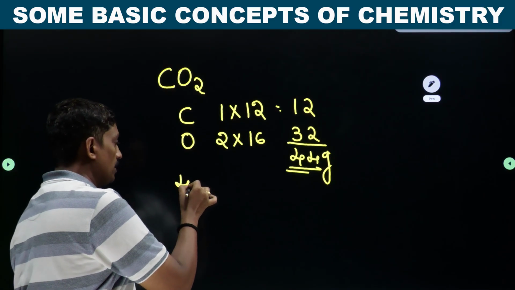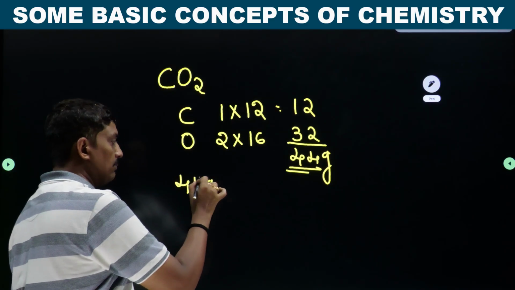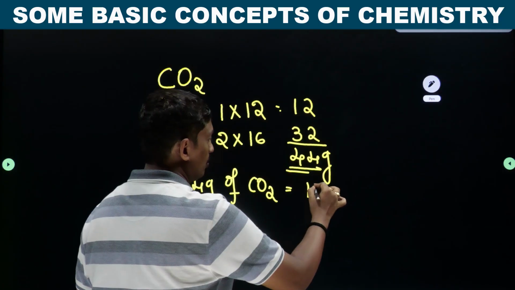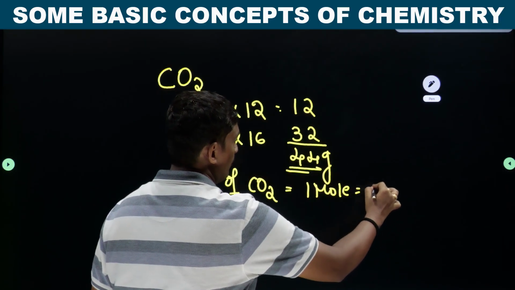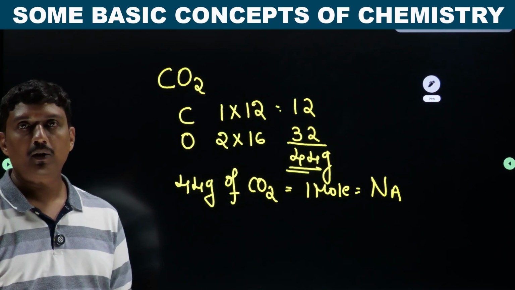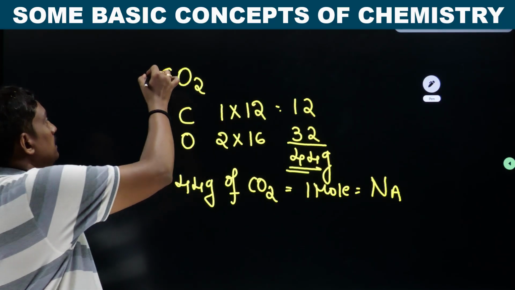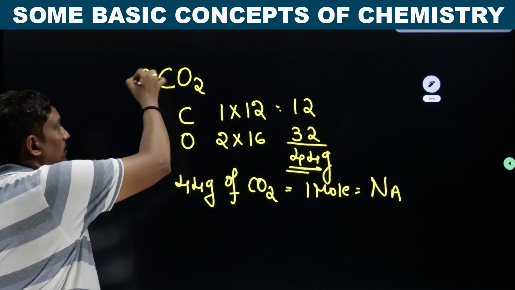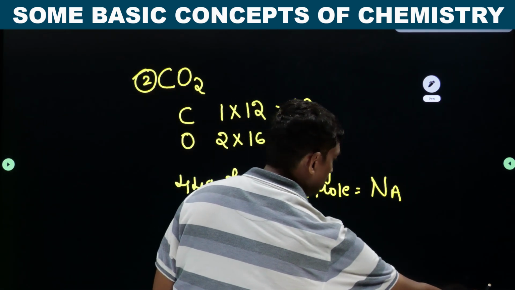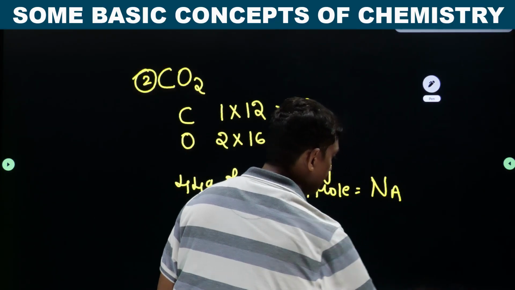If you take 44 grams of carbon dioxide, which is equal to 1 mole, it consists of Avogadro number of molecules. Let me take a few more examples, then it will be easy.